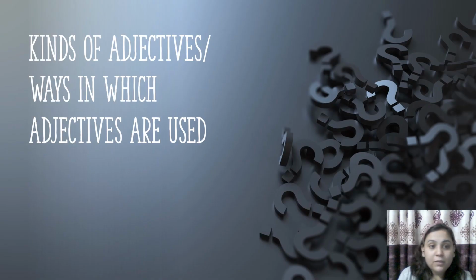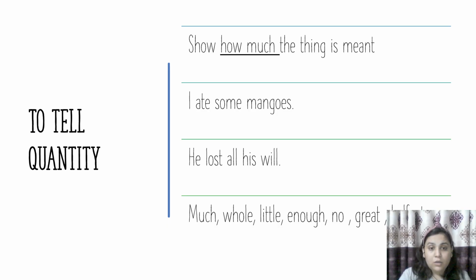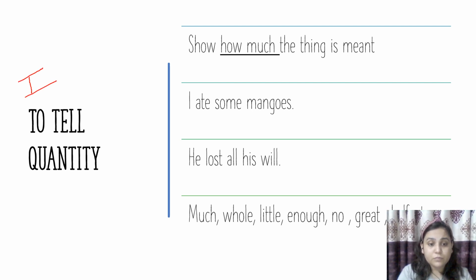Next, there are different kinds of adjectives and ways in which we use the adjectives. So either we'll call it kinds of adjectives or the ways in which adjectives are used. This is the first category in which we are going to talk about the adjectives: adjectives of quantity.